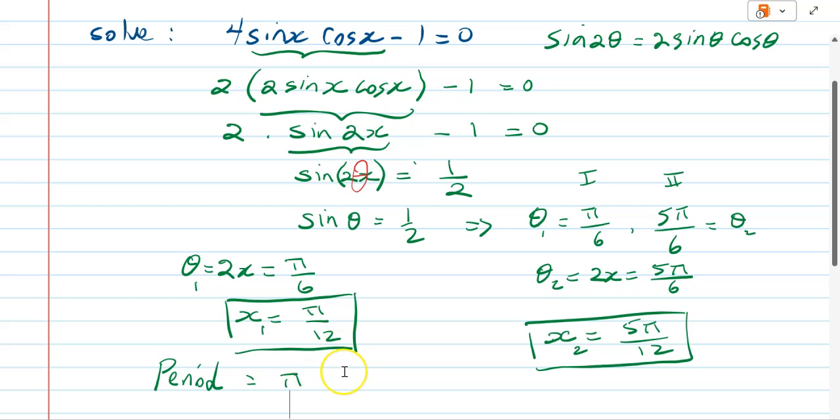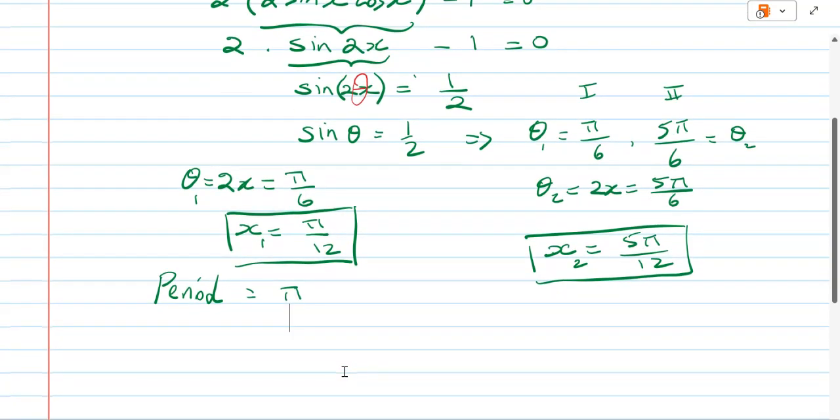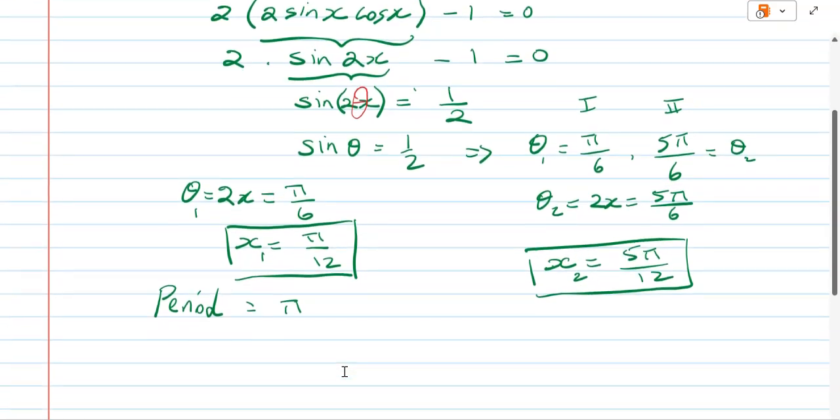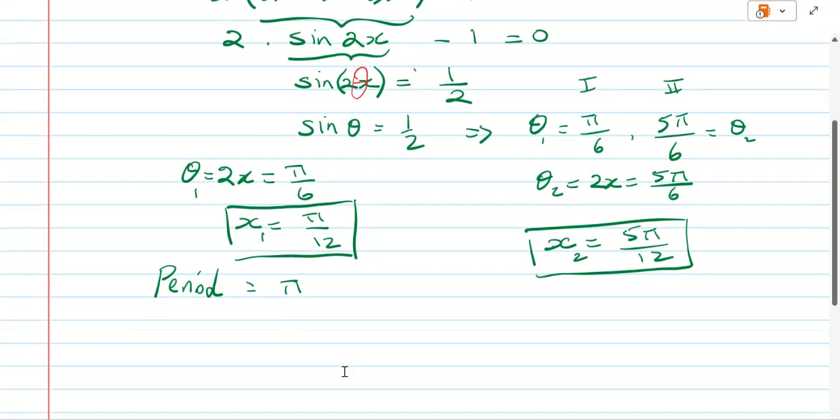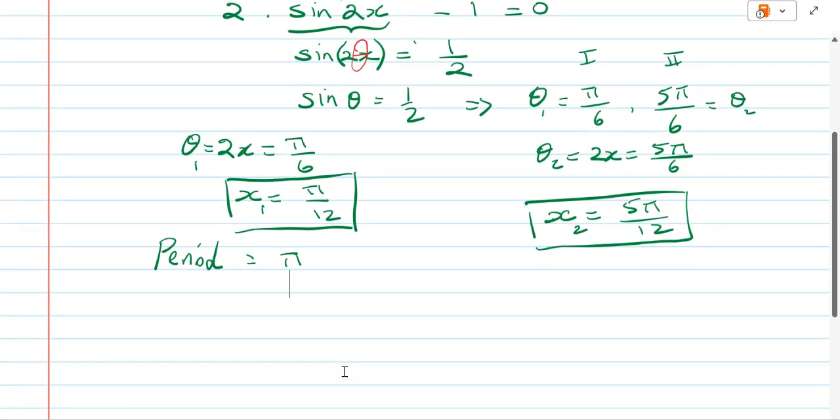All right, so now we want to find all solutions, the general solutions over all real numbers. We have to write it in the form that looks like this, the general form. The first is, we start with pi over 12, and it repeats itself every pi cycle, and we have to say that n must belong to the integers. So it has to go 1, 2, 3, 4, 5, whole numbers, integers.